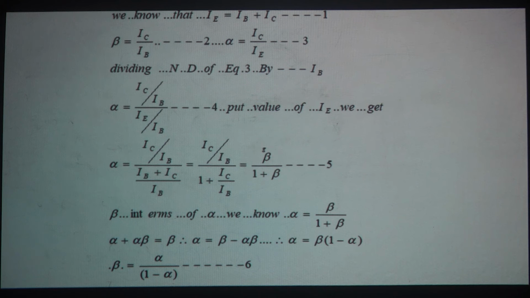Therefore beta is equal to alpha divided by 1 minus alpha. So I find the beta in terms of alpha, and that is my equation number 6. So these are the two values of alpha and beta.